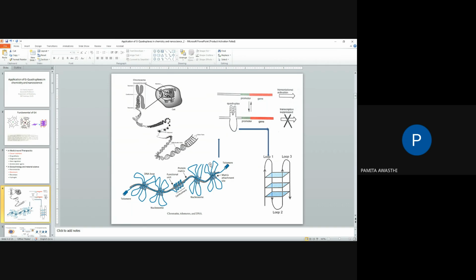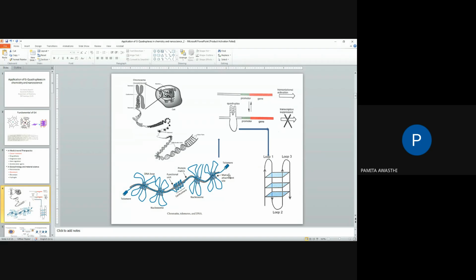Till date, it has been observed that the telomeric junctions show the presence of G4 quadruplexes in the telomerase area.